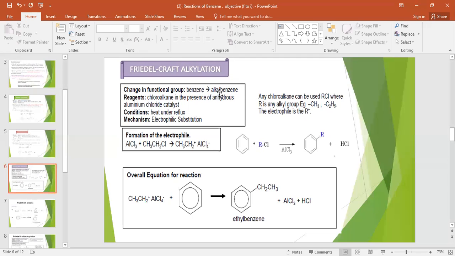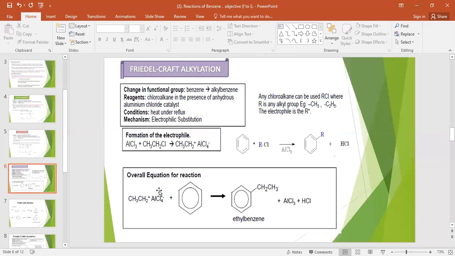Benzene is now converted into alkylbenzene. From this position, one hydrogen will react with Cl and they will form hydrochloric acid. R can be CH3, R can be C2H5 or more, but the rest of the reaction will remain the same.